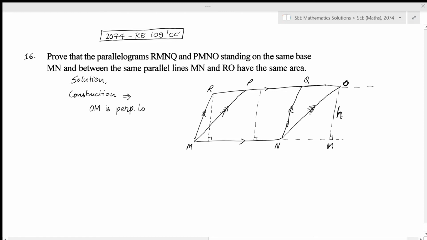OA is perpendicular to MN, and OA is the height of the parallelogram.